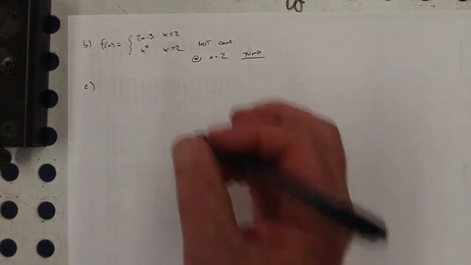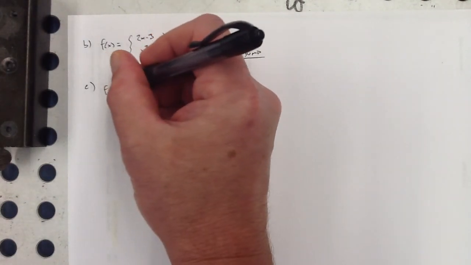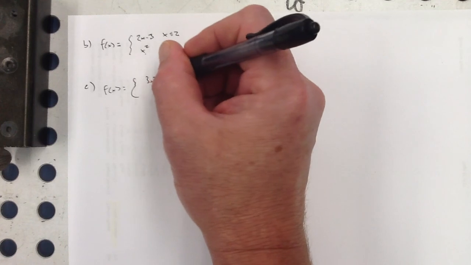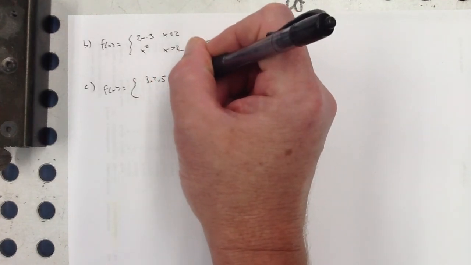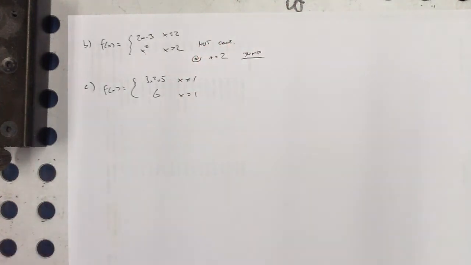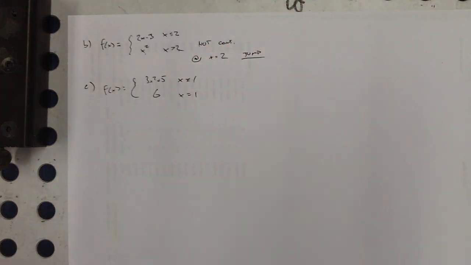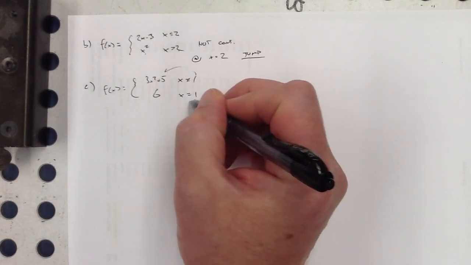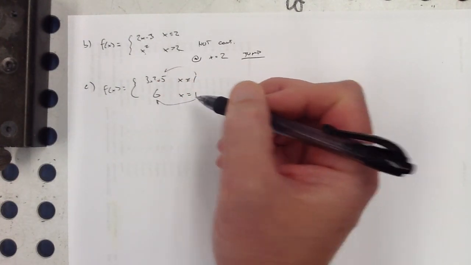Part C, another piecewise. f of x is equal to 3x squared plus 5 when x is not 1, and 6 when x is 1. So got to see if they match up. So plug 1 in here, I get 8. Plug 1 in here, well, there's nowhere to plug it in.